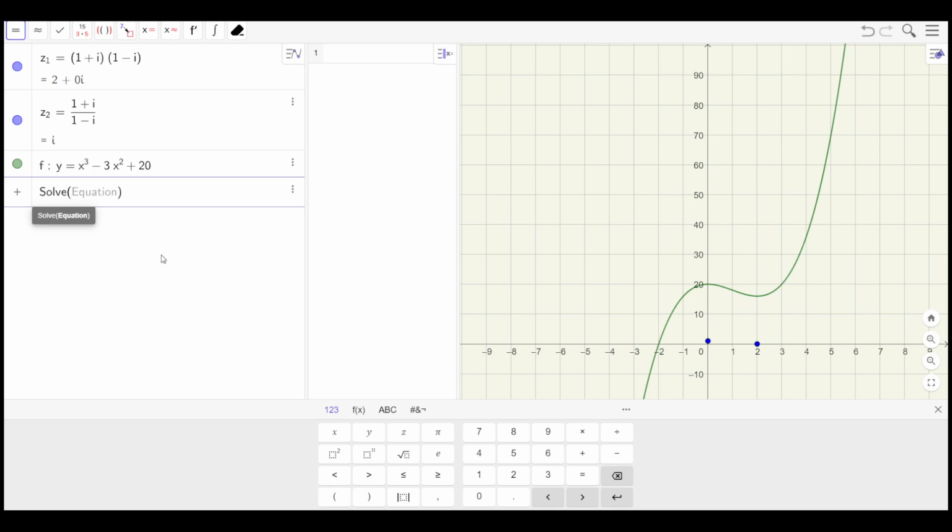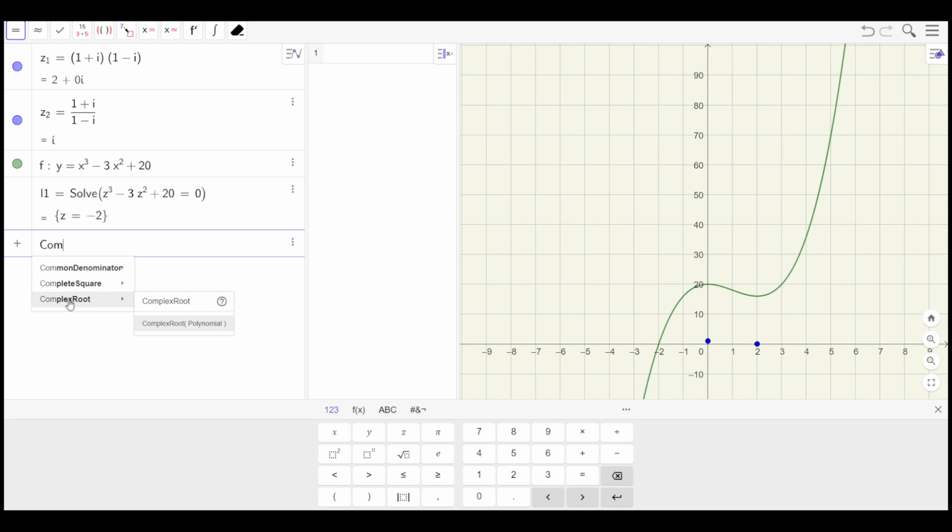Let me type it with z rather than x. Maybe it will automatically understand that we are interested in complex numbers. Plus 20. It's 3z squared. No, I think it only gives you the real solution. So how should I?